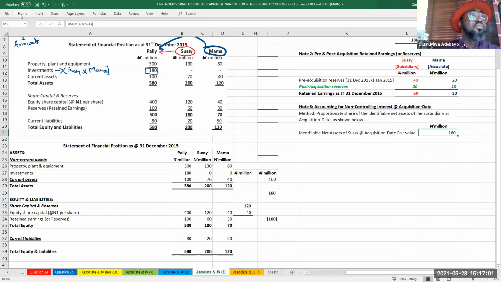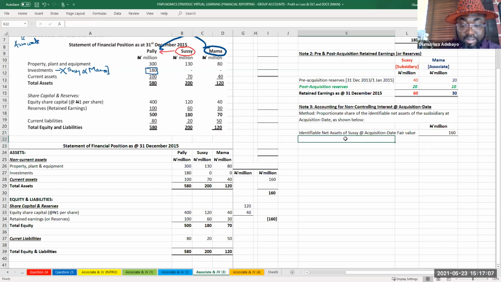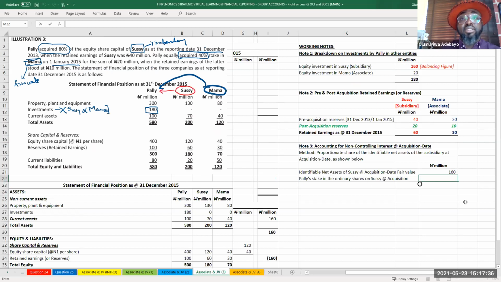And if that is the case, what is the Palace stake in the ordinary shares of Suzy at acquisition. That stake is 80%. I'll put it there, 80%.